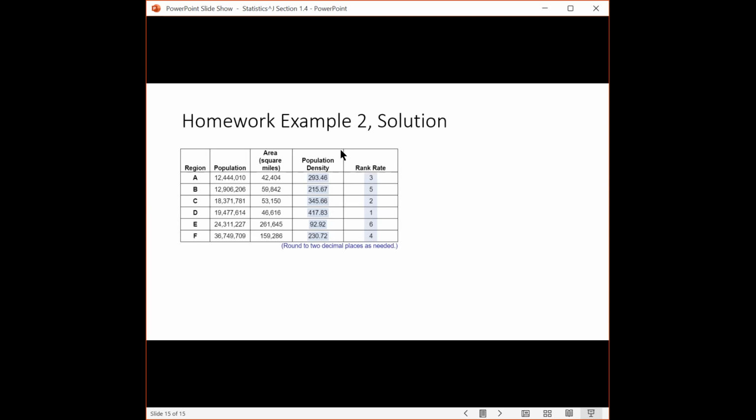We can see that the place that has the lowest population density is region E. Oh, sorry, region D, and then that's the highest. Okay, so the population density for region E is the lowest, and the population density for region D is the highest. And then we can just rank them by comparing the numbers from there.